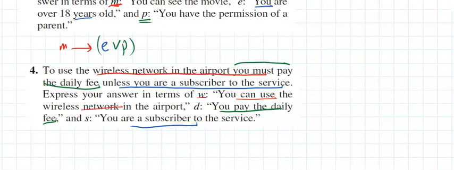So in this case, the way this works, you could use the wireless service if you pay, you must pay, unless, isn't that really, or you have the subscription?